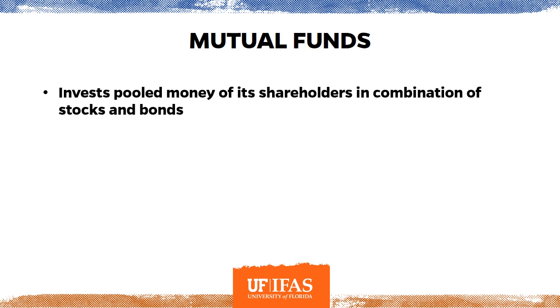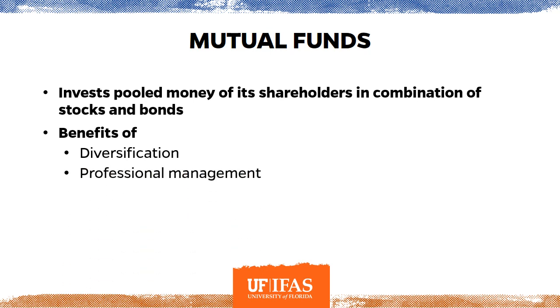So it's a combination of stocks and bonds that's overseen by a company, and it provides that diversification that you need to make sure you're not putting all your eggs in one basket. By investing in a mutual fund, you're already investing in professional management, and it's a relatively low cost share.